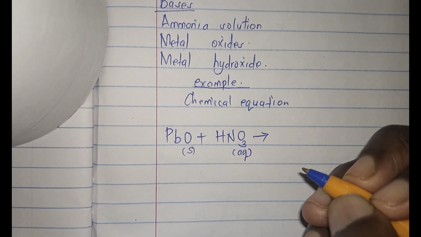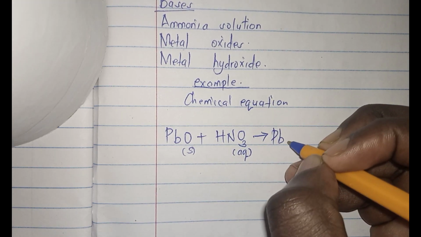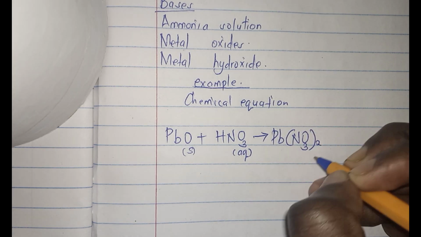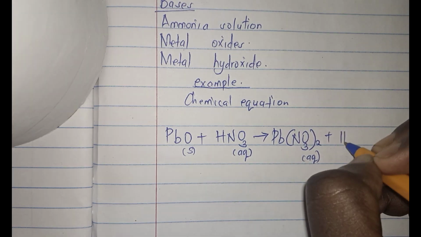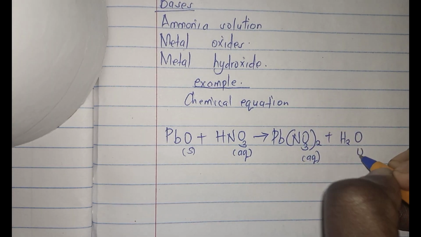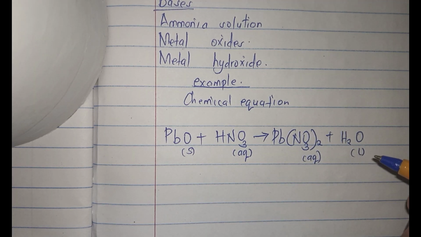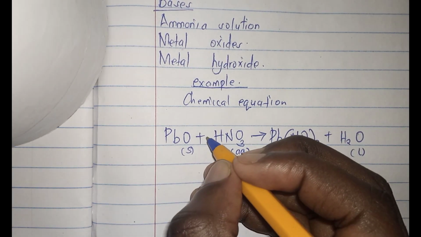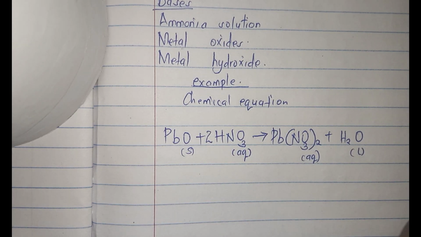I will get a salt which is lead nitrate. It is soluble, so it's aqueous state, plus water. Water is in liquid form. So this is my chemical equation, but it's not balanced. To balance the oxygen and the hydrogen, I'll write here 2, and my equation is balanced.